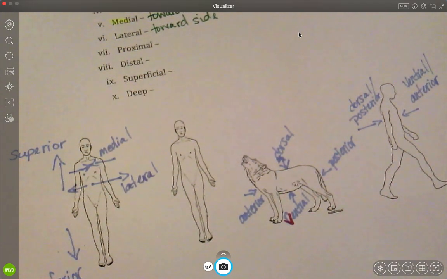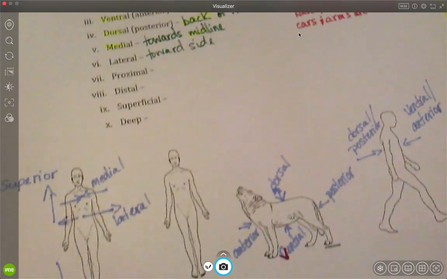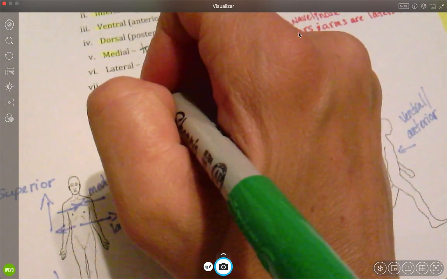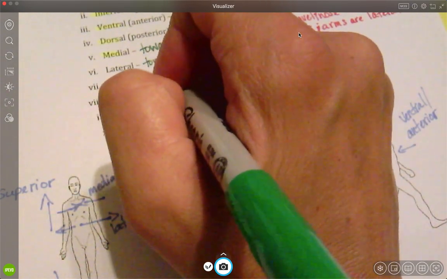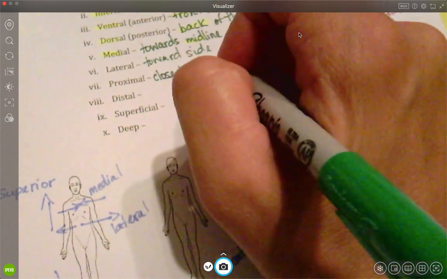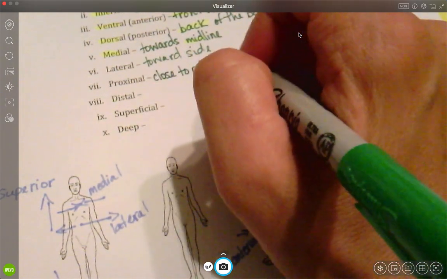Next one is proximal. So we said approximate, nearest. So we're going to go close to point of attachment.